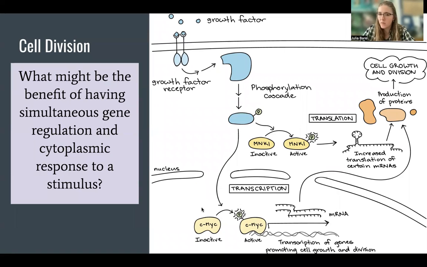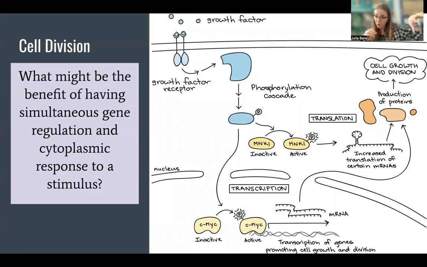What might be the benefit of having both gene regulation, so transcribing new genes, as well as a cytoplasmic increase in the translation mechanisms? Well, again, it comes down to amplification. The proteins that cause cell division, you need the RNA to make those proteins.